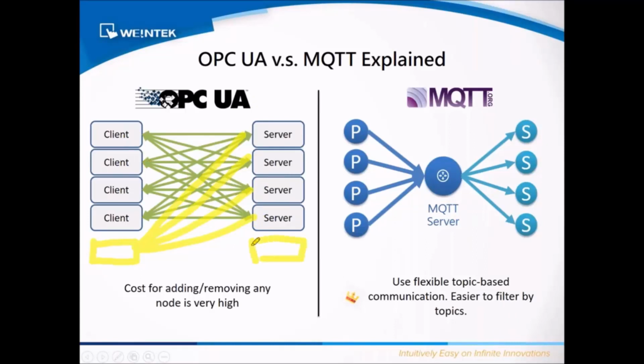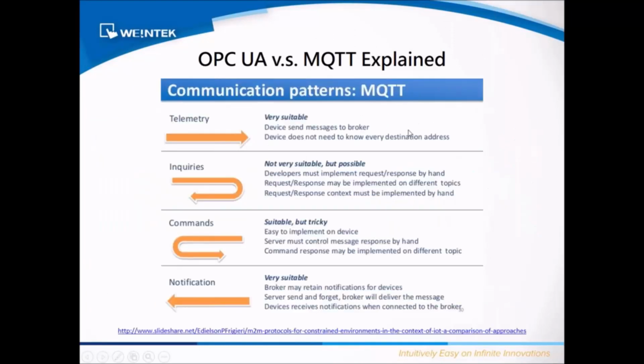If you add one more server and some of the clients need to connect to the server, it will be a little bit more complicated than if you use MQTT. Okay, so this is about how you can choose from one to another one.